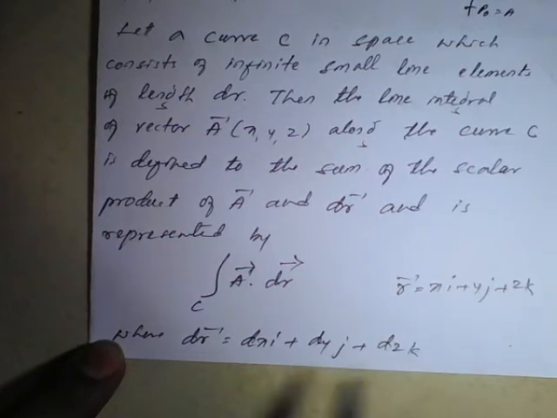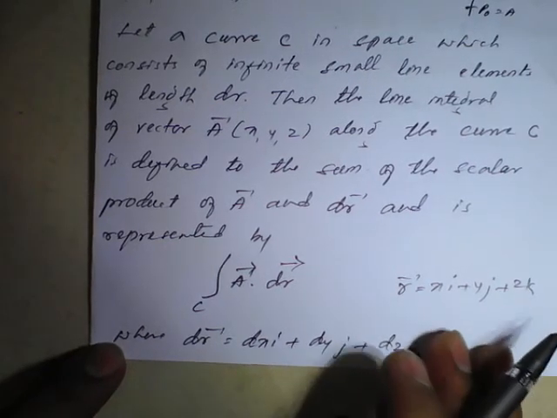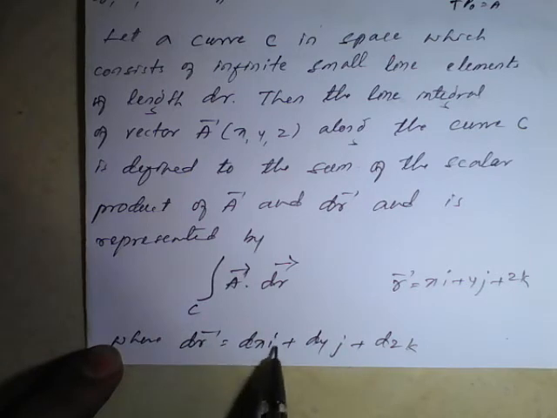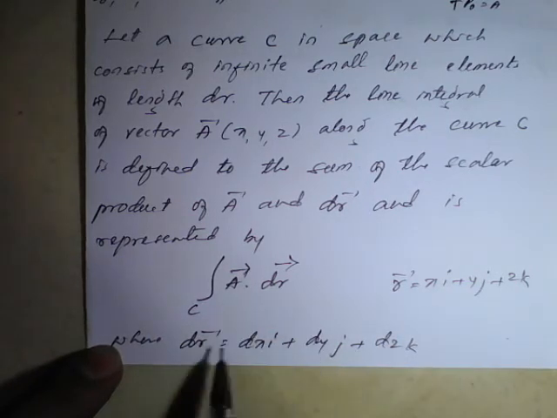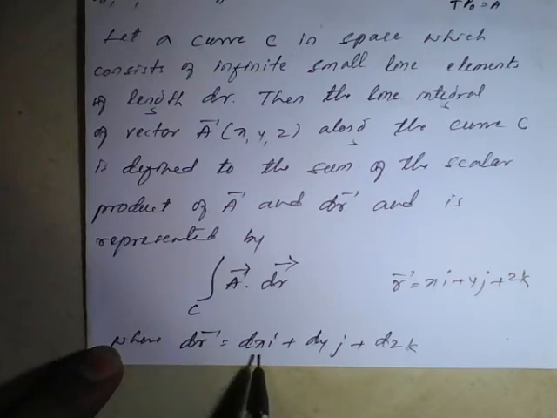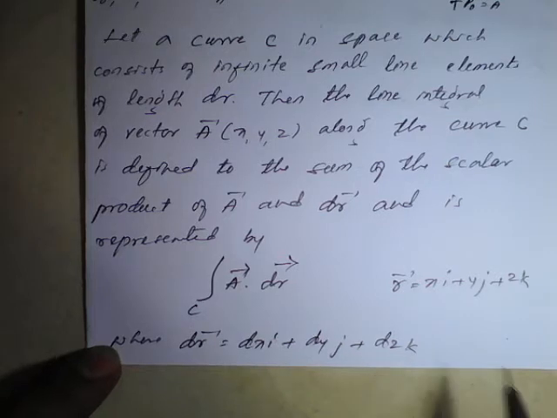If you differentiate this, we'll get dr equal to dx i plus dy j plus dz k. So you have to remember, dr is given by dx i plus dy j plus dz k.